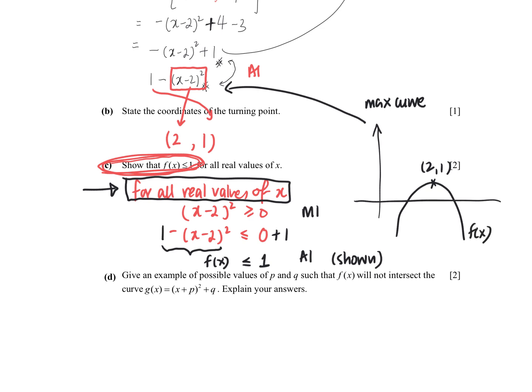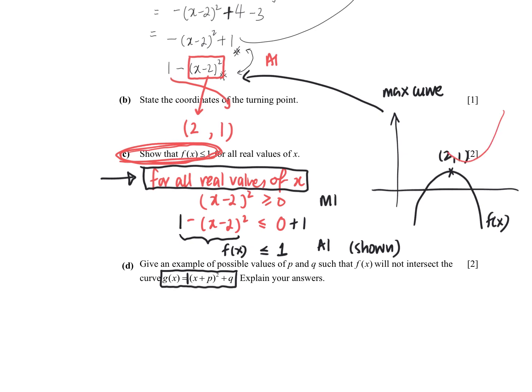But now they say, I want another g of x, which you know is going to be a minimum curve. Then they say, can you pick a value, pick a turning point that will not intersect this maximum curve. So actually, as long as your y value is above 1, okay, so you know you have a minimum curve.